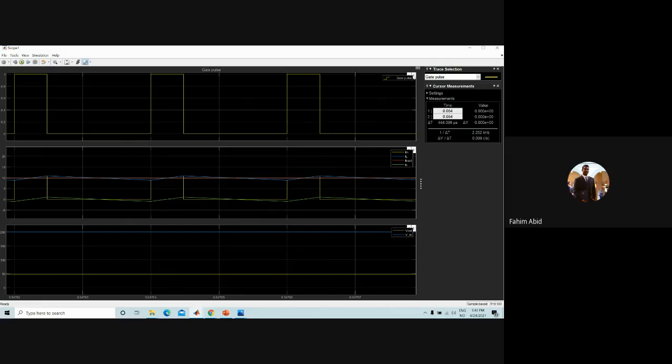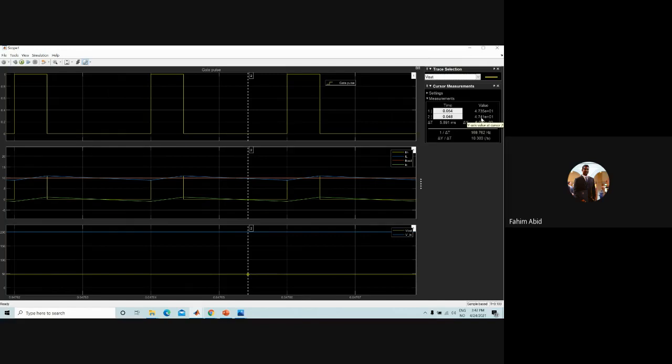Let's say we are taking this point here, and we want to measure our V out. The V out value at this point is 4.7 e to the power 1, that means it's 47.4 volt.